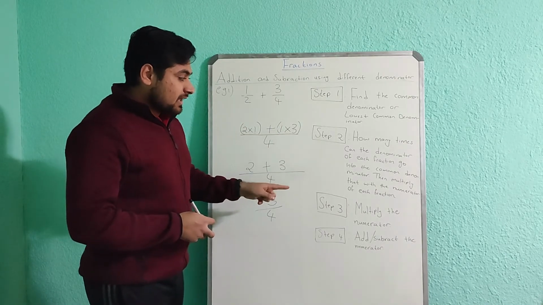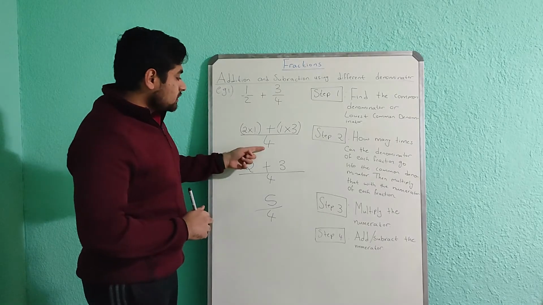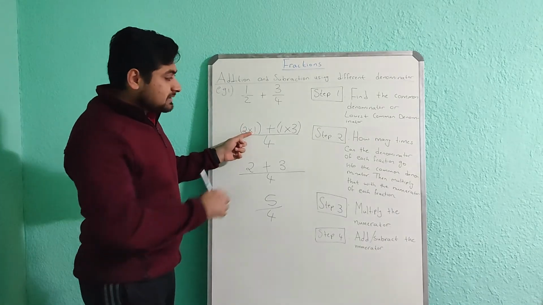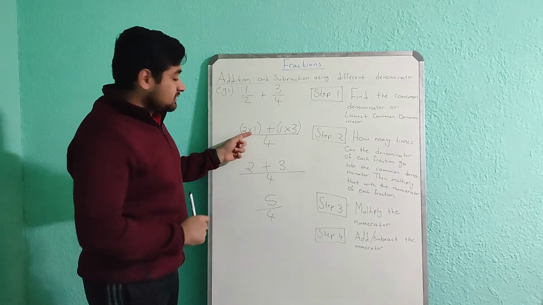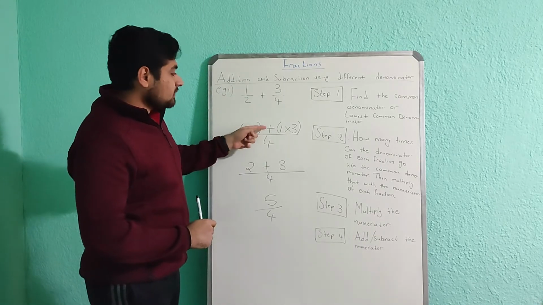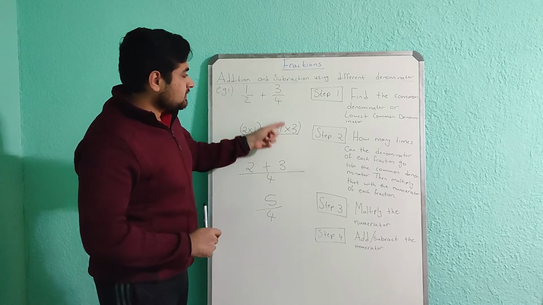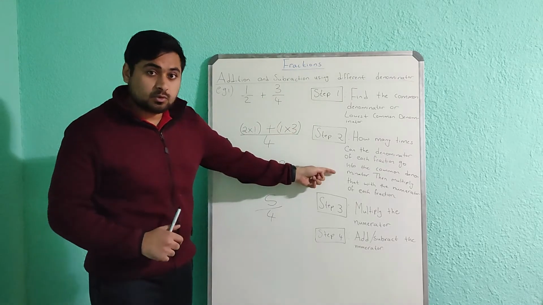Then multiply that with the numerator of each fraction. So 2 times the numerator, which is 1, plus, how many times can 4 go into 4? 1 time, times 3. So that's what step 2 says.